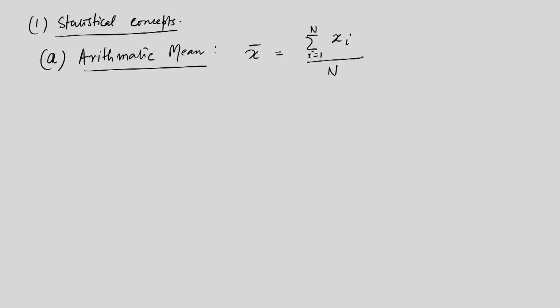Weight means attach a larger weight to those data points which are of more importance than the others, and this is called stochastic sampling, or they have different names in a particular context, but we are simply talking about the arithmetic mean.